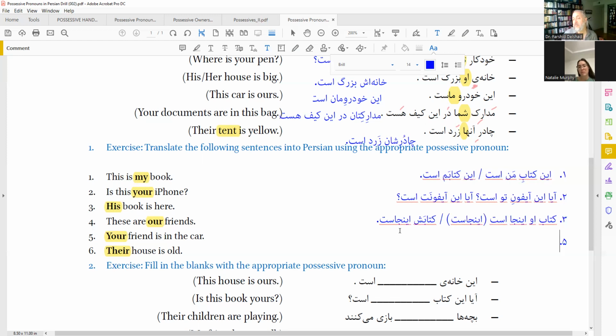"On" at the same time means he or she or that. So it would be "in" here, in plural "inha." Well, it's friends, so you have to put it in plural. Oh, that's right.